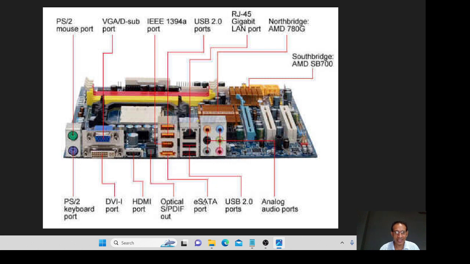Now IDE has been replaced by SATA. In those days IDE was used, now the SATA ports are here for the storage devices. In this motherboard, next you can see the sound ports, the audio ports: sound input, output, and mic.